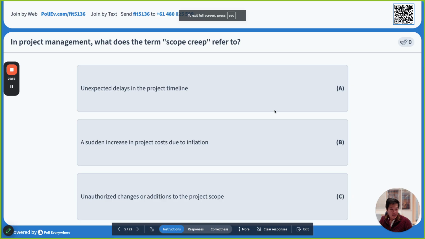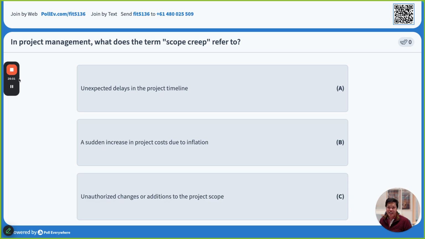What is the next question? Oh, this one is about the scope creep. In project management, what does the term scope creep refer to? Just want to double check your understanding.